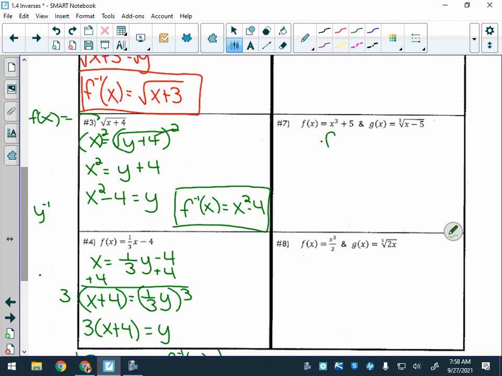So in order to do that, we have to do f of g of x to see if it equals x. That's what we're finding out. Okay?